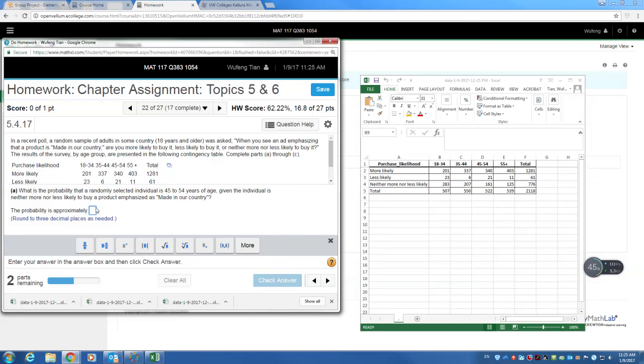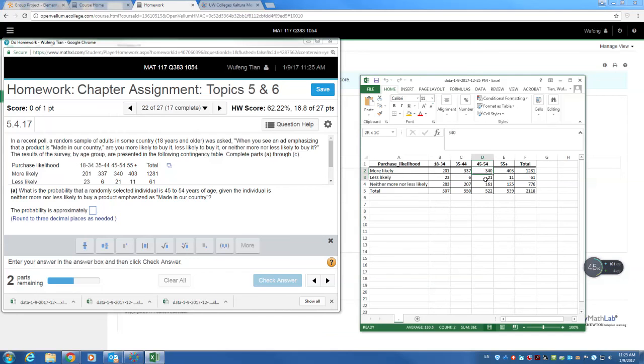Okay. So what is the probability that a randomly selected individual is 45 to 54, given the individual is neither more nor less likely to buy a product emphasized as made in our country? Given this, the individual is neither more nor less likely.